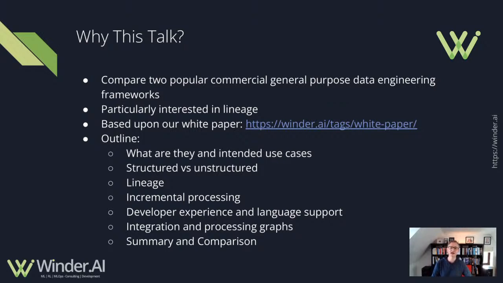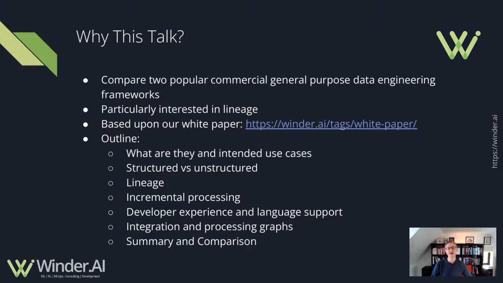So in this talk, I'm going to split this up into about 8 different sections, investigating different aspects that I think are important in MLOps and machine learning, but also the sections that highlight the differences between these two products. So one of the main differences is the intended use cases. So I'm going to cover that right at the start. But then I'm going to start digging into some really technical topics.